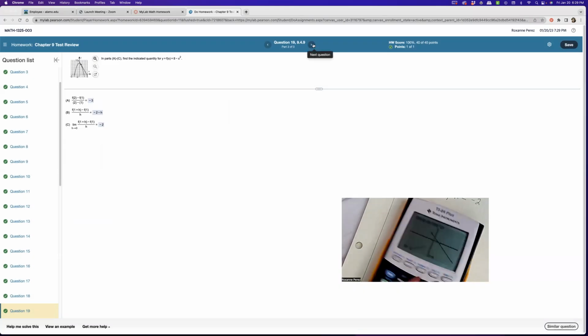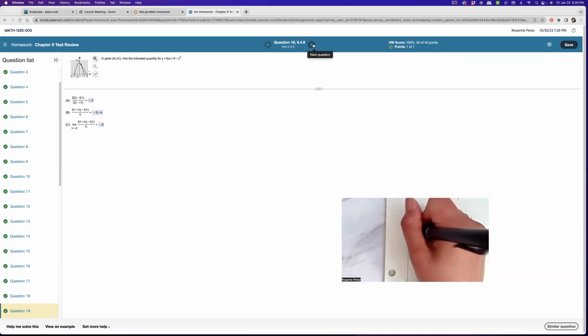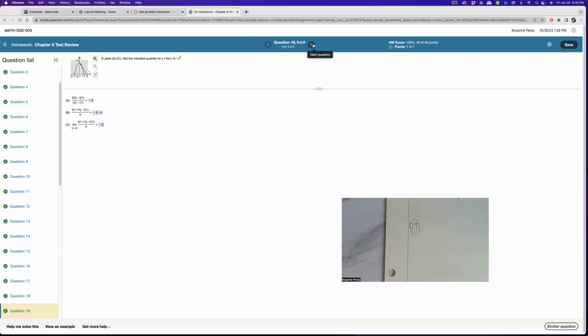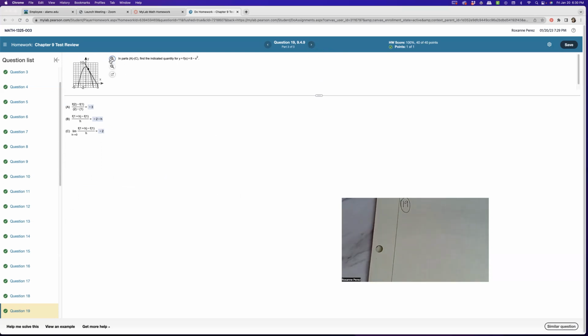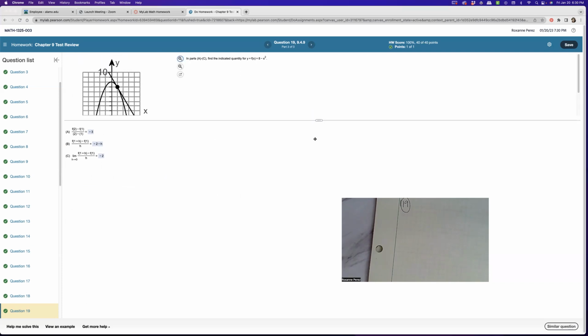Okay, next, we are going to evaluate the graph that's given. So 19, you're going to want to do the same thing where you zoom in as much as possible. Bring this down.